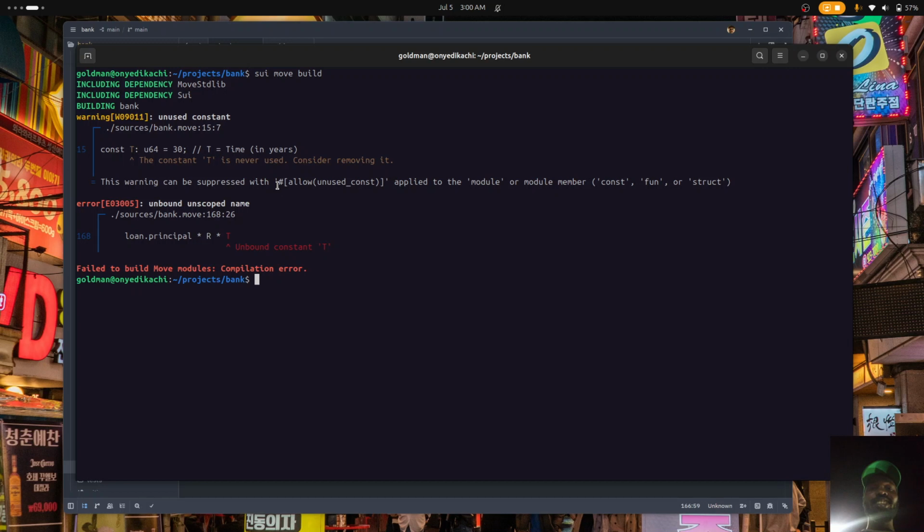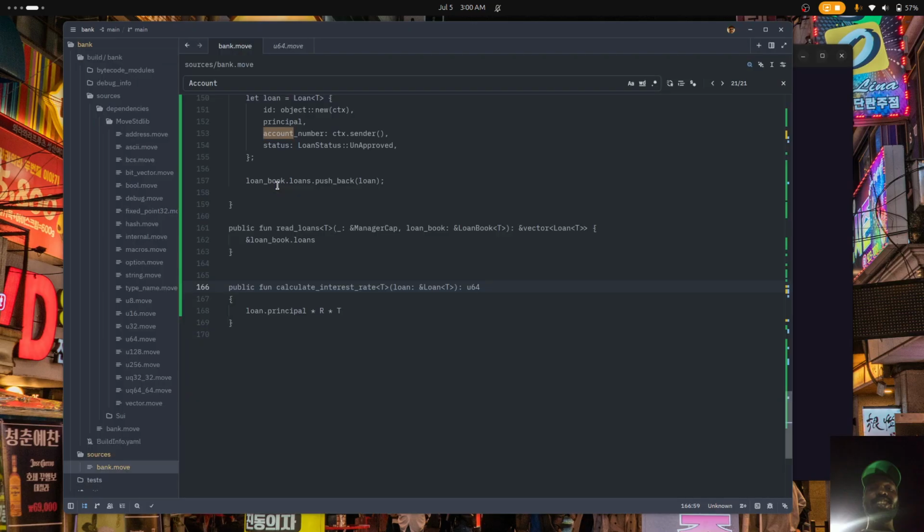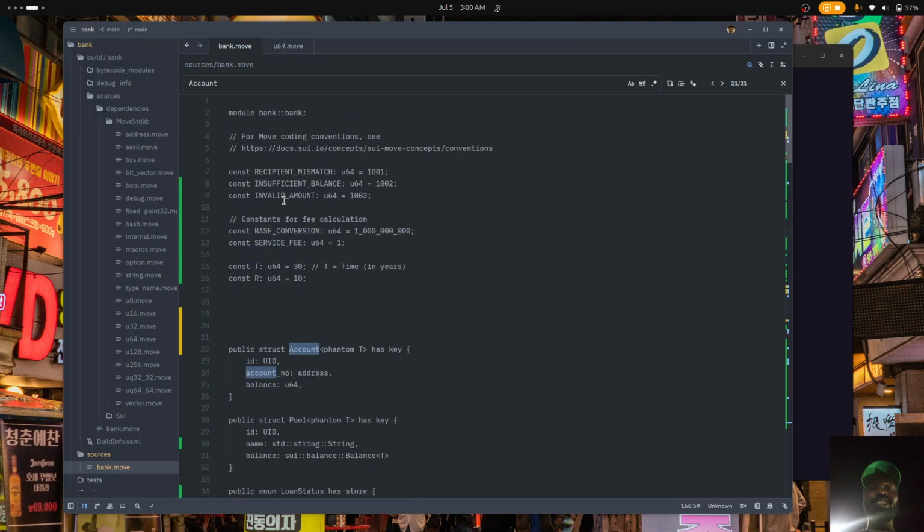They said constant T is never used. Interesting. How I used it and it was considered never to be used. Wow. Let me check. All this on check. Something.